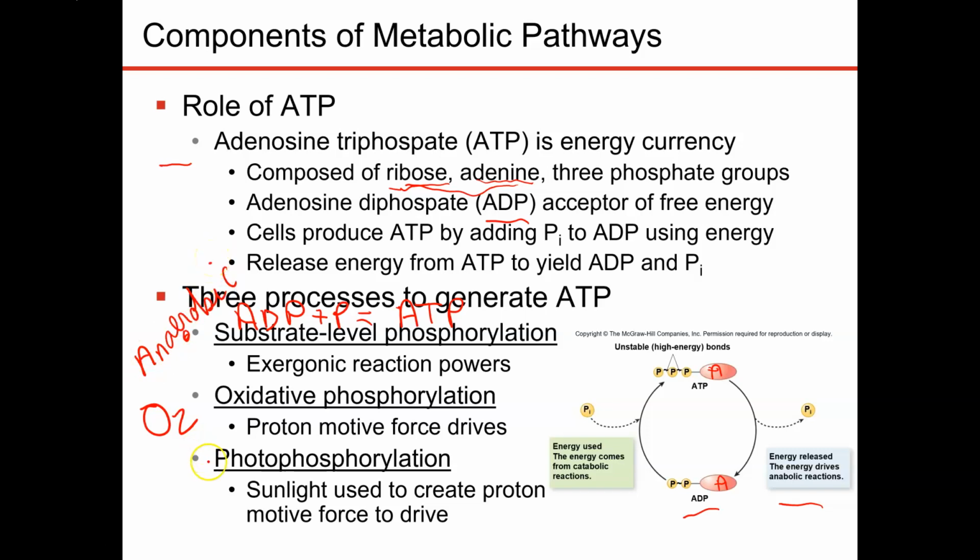And then the last is photophosphorylation, where we use sunlight to drive the movement of hydrogen across a proton gradient. And that produces ATP in photosynthesis. So we're producing energy in photosynthesis here.